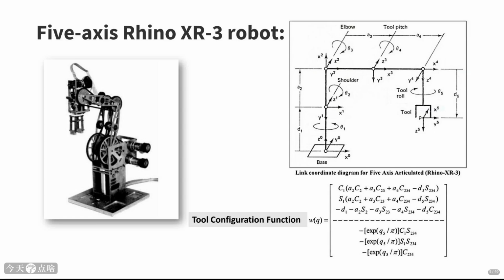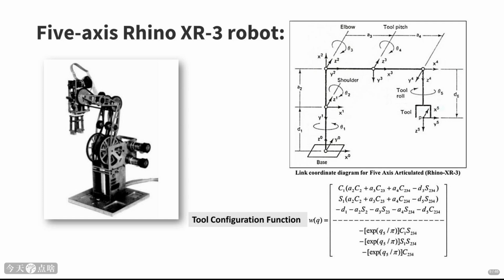Let's step up to a 5-axis articulated robot, like the Rhino XR3. This is more complex, with multiple rotational joints allowing for greater flexibility in positioning and orienting the end effector. The diagram shows the typical joint structure. Again, we'd use transformation matrices, likely employing the Denavit-Hartenberg parameters to systematically define the frames.